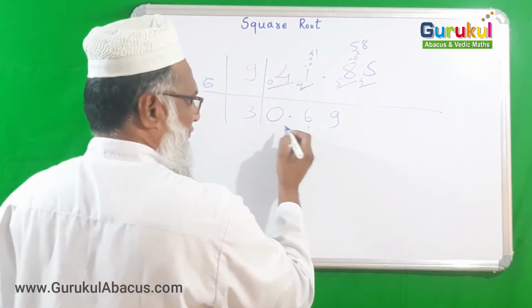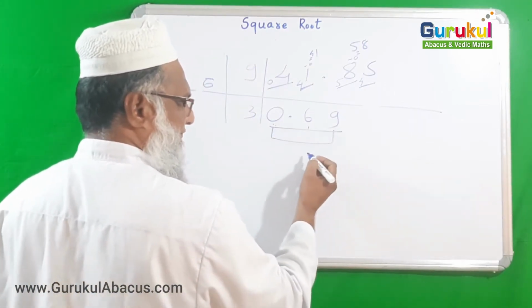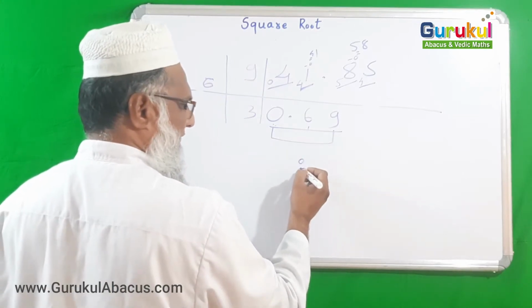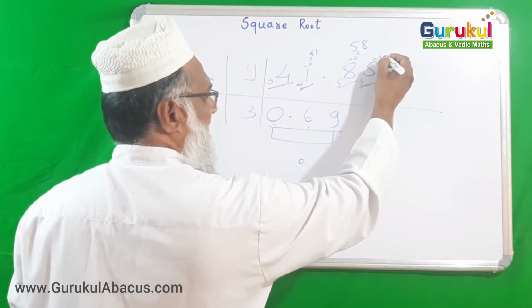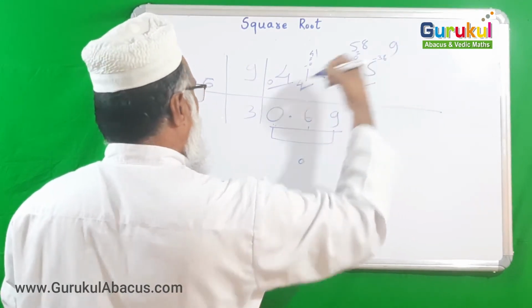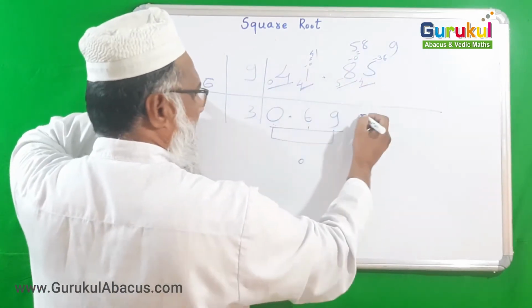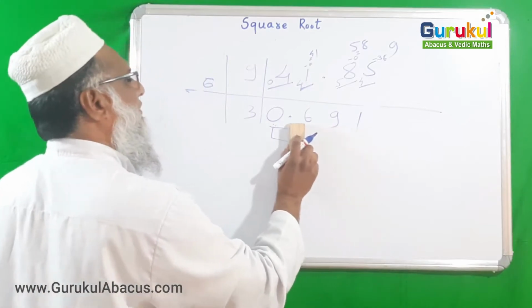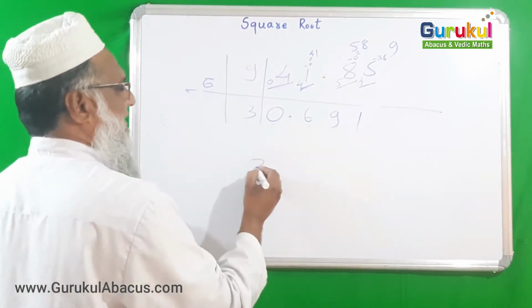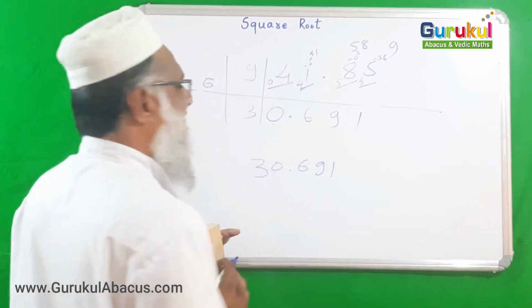Now finding the dvandva of those 3 numbers, 0 and 9, 0 and double of it is 0 itself, and 6 6s are 36. I am subtracting from 49, remaining 13. So 6 2s are 12 I can do, and further I want to stop because I only showed you the method of it. So as the answer we are getting 30.691, and it can go further also.